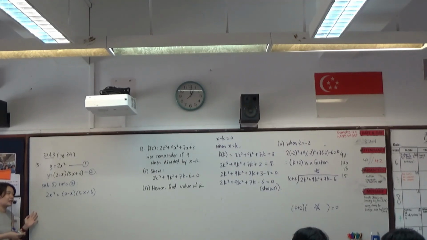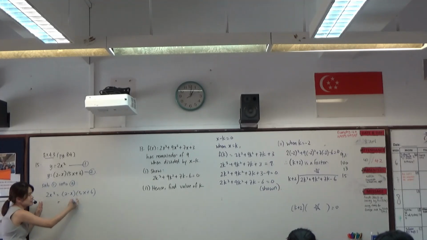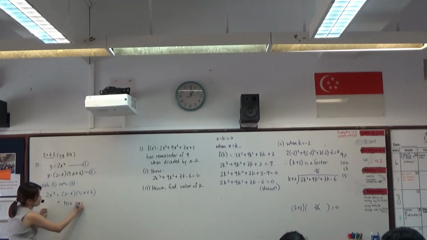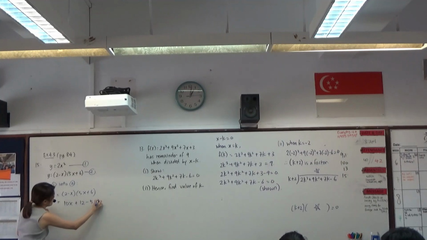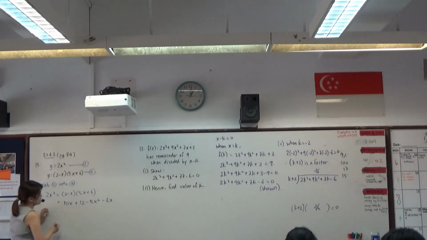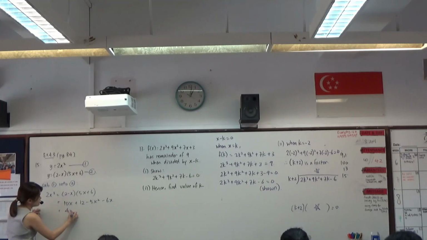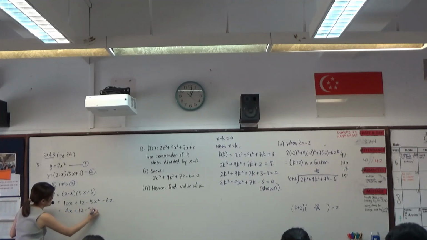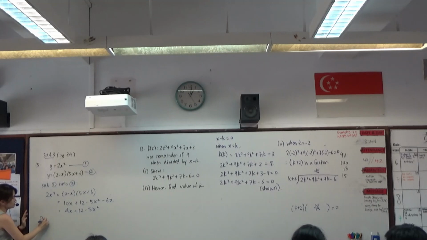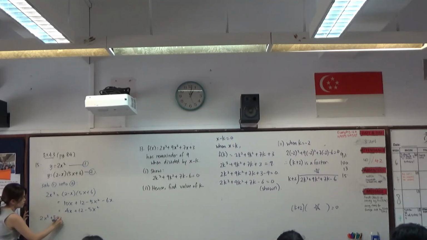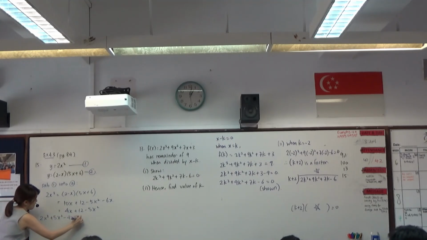Cannot solve after this. So this one, you expand this. So 10x plus 12 minus 5x squared minus 6x. Then you can simplify here first if you want to. Bring everything to the right side. Then again you get a cubic.